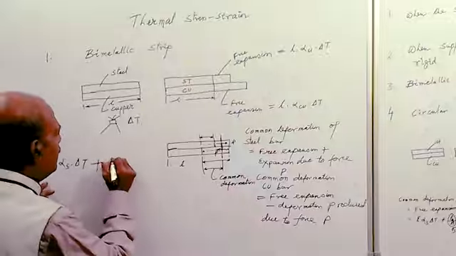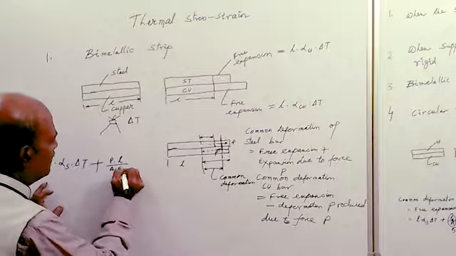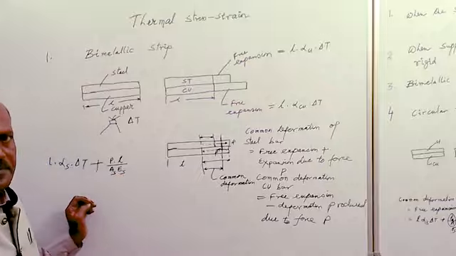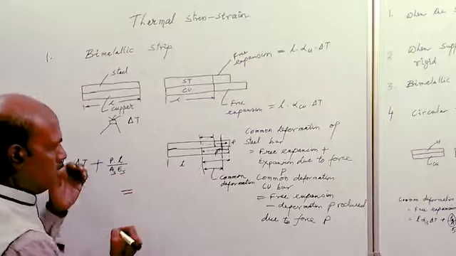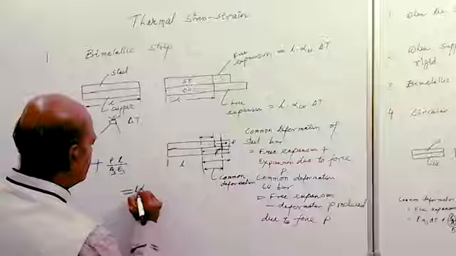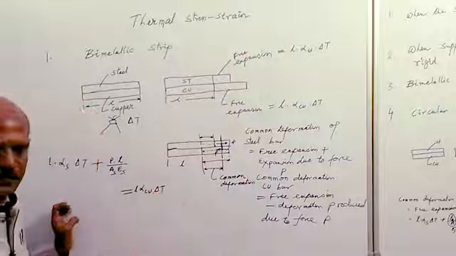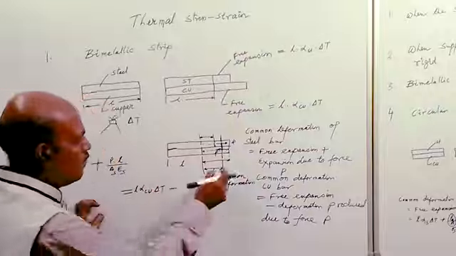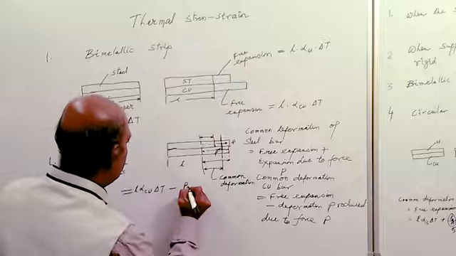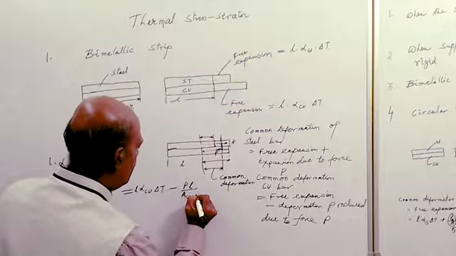So we can write P into L, original length, by A steel into E steel, and that will be equal to the free expansion produced in the copper bar, that is L into alpha copper into delta T, minus the compression due to force P, that is P into L by A copper into E copper.